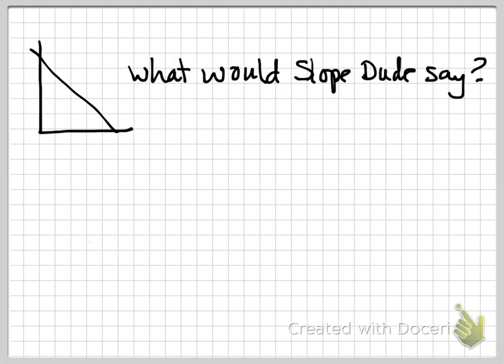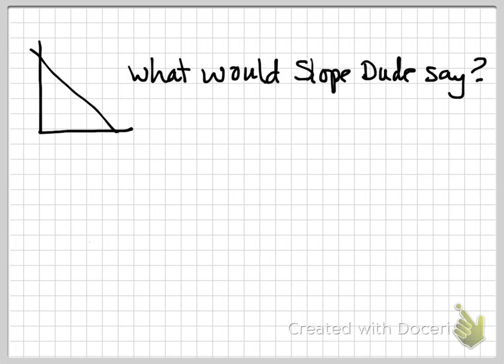Nice negative. When you're doing math and you're coming up with the slope for this and you come up with a positive, you just carry on your merry way. So I want you guys to always keep in the back of your mind, when you're being asked to graph, especially, or you're being asked to come up with a slope from a graph, that if your answer doesn't match what Slope Dude would say, then you need to fix it.